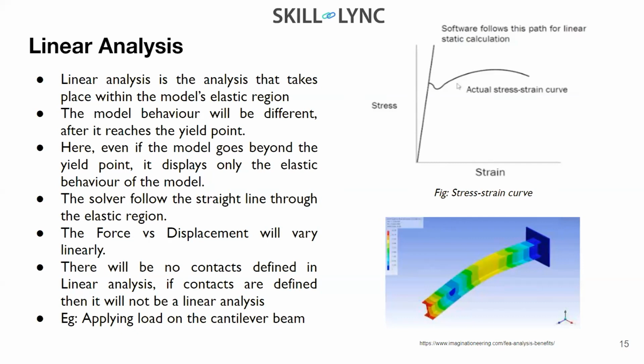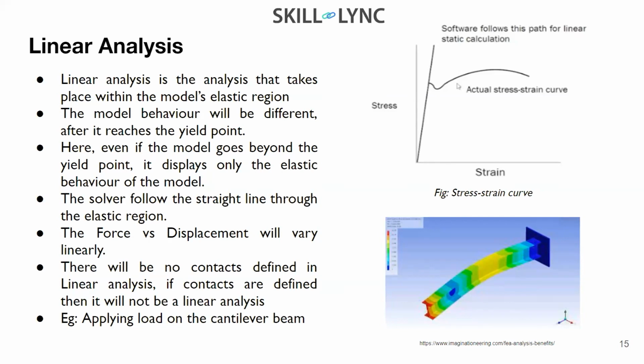Okay, suppose in a cantilever beam, what we traditionally used to do is fix one end and apply the load at the other end, a point load. In certain complex cases you can also apply a uniformly varying load or a uniformly distributed load. There are n number of things you can do.